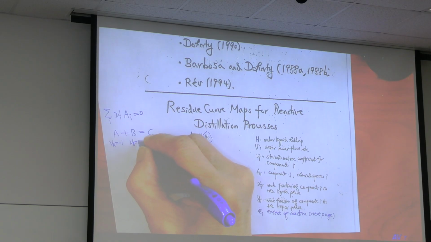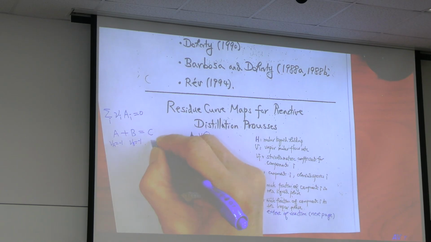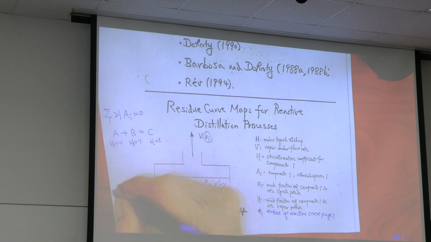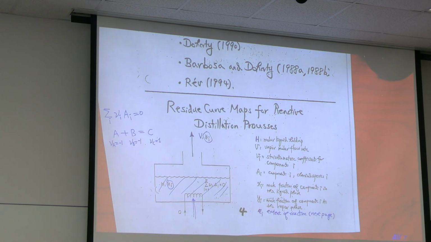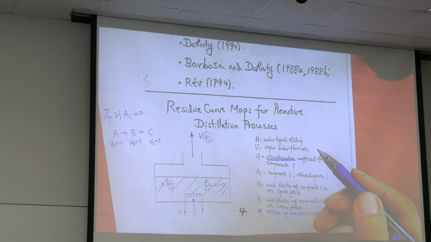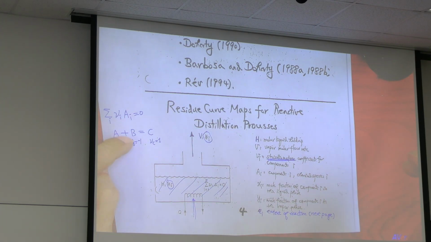Mu B, consumption, minus 1. Mu C, production, plus 1. That's the stoichiometric coefficient. A, B, C.